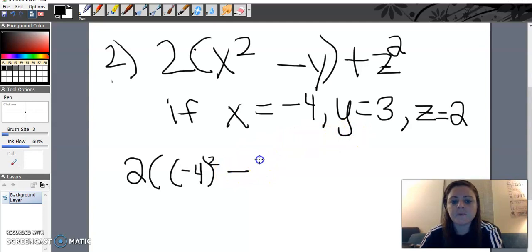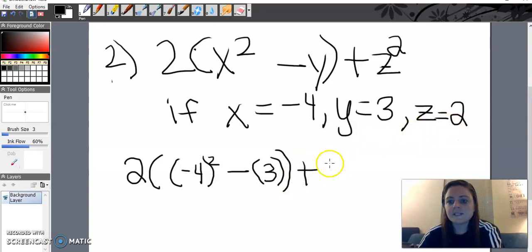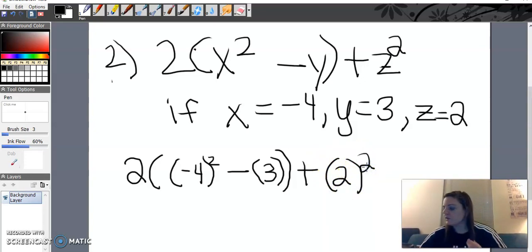Our y is 3, but I'm going to go ahead and put that in parentheses. And then close our parentheses. Plus our z is 2. So parentheses 2 to the second power. So write that on your sheet of paper. I'm going to write it on mine.